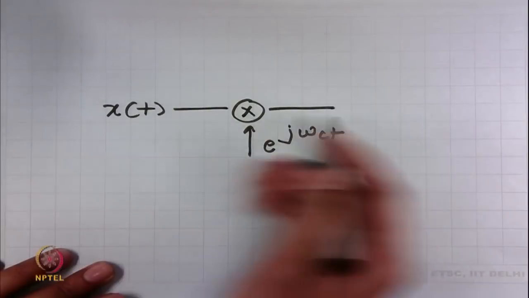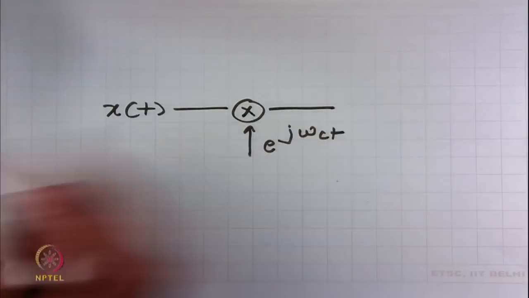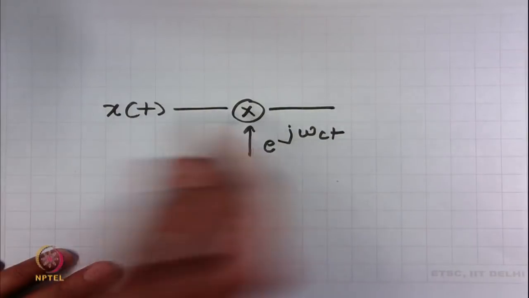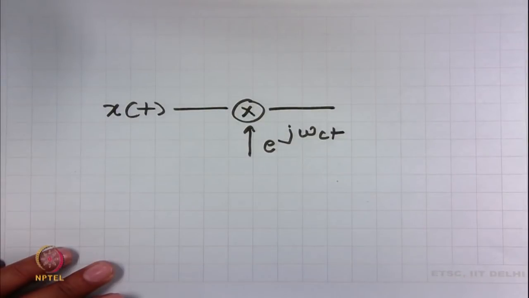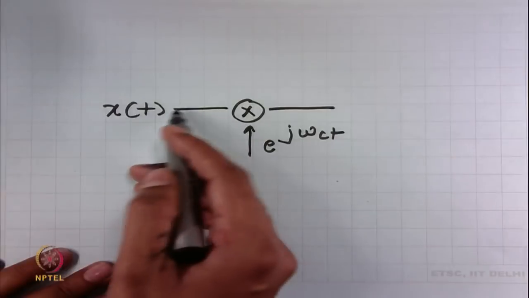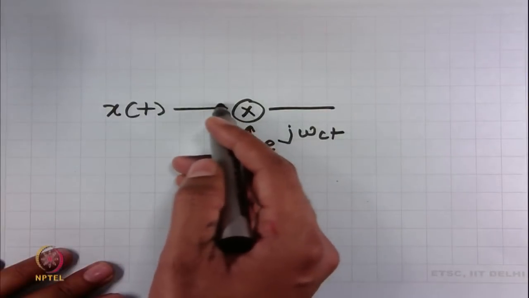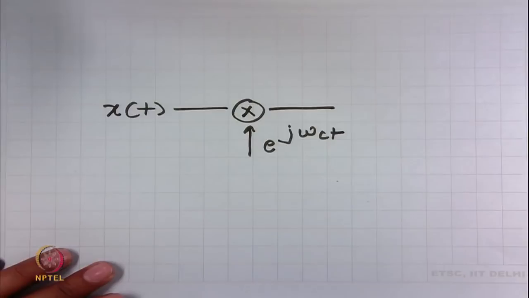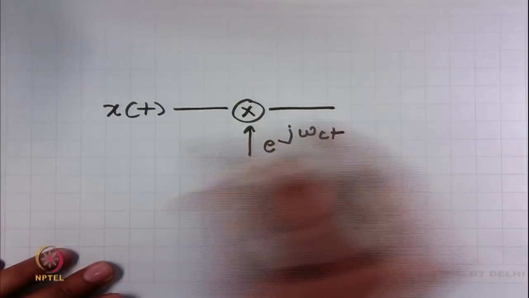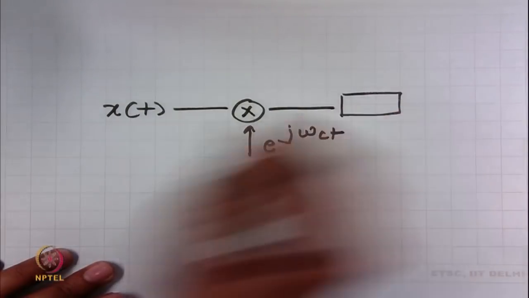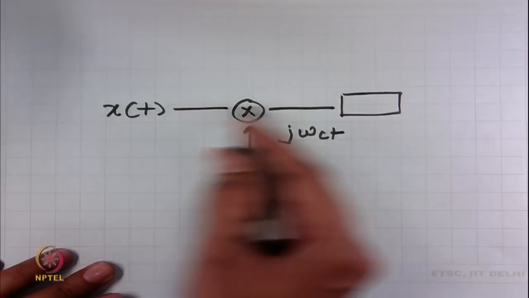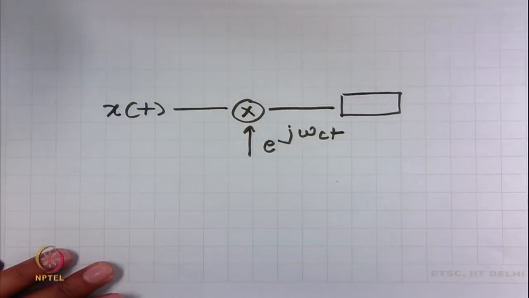It should be clear that in such a situation the signal is getting multiplied with this multiplier, and there is no need of an artificial arrow here. So, when you see a situation like this, you should always interpret that the signal is moving in the forward path. If it is not so, I will indicate that with arrows explicitly.